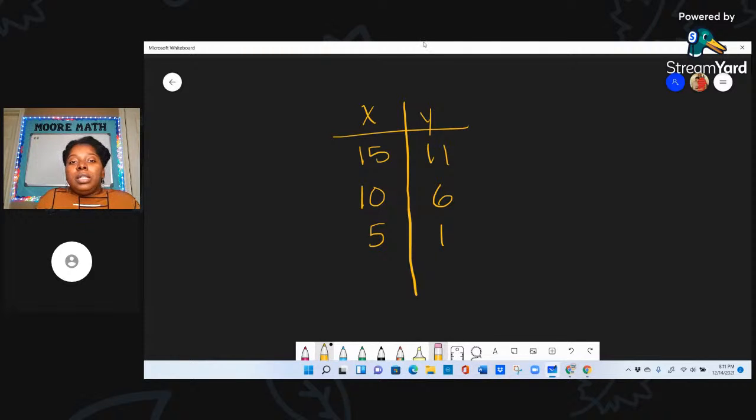So tell me, what do you notice first? The x's are subtracting 5 and the y's are subtracting 5. Good. So what's my slope? -5 over -5. Good. Which equals 1.